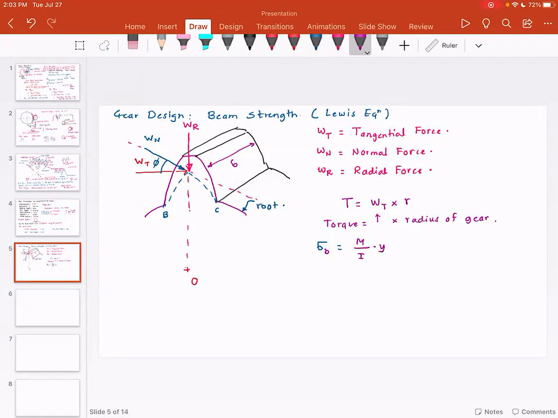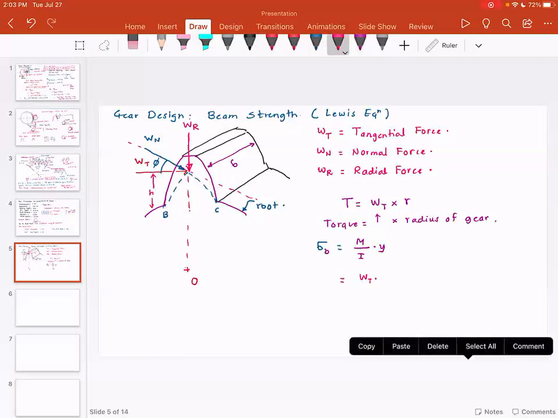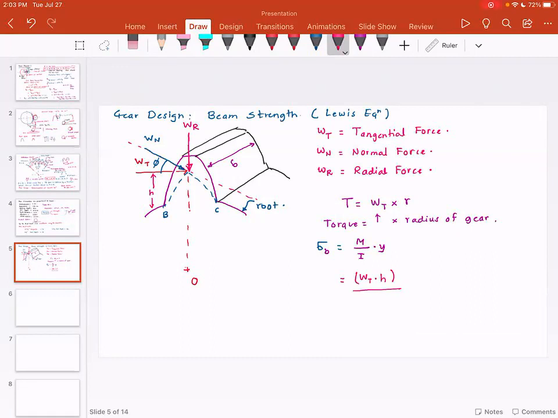M is the moment. If this distance is H, the moment is WT multiplied by H. I is nothing but B T cube by 12.